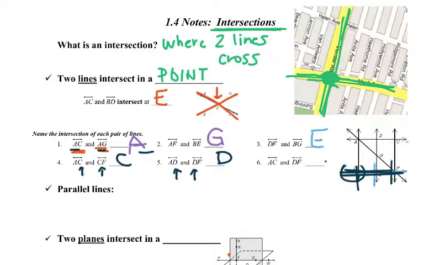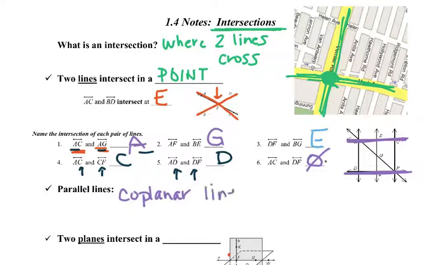The last one here has a star by it, so AC and DF. So I'm going to actually write those out. AC is here and DF is there. Do those lines look like they cross? They do not, and so that's why you see that star there. Those are lines that never cross. And we have a name for lines that never cross, and it's called parallel lines.